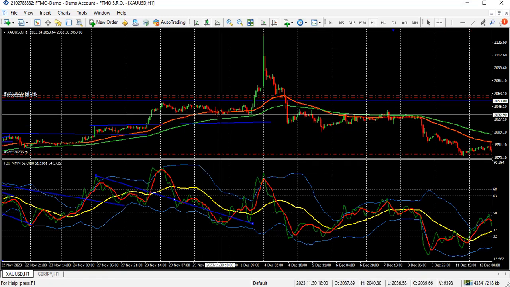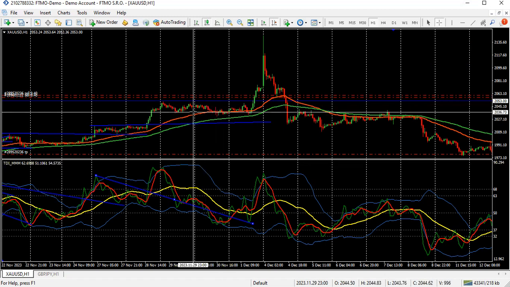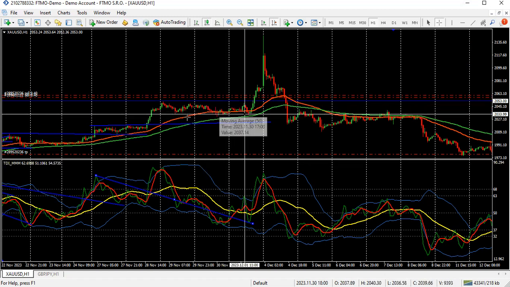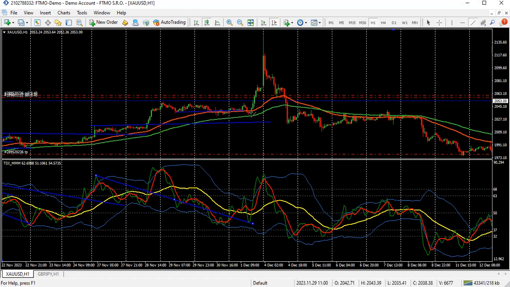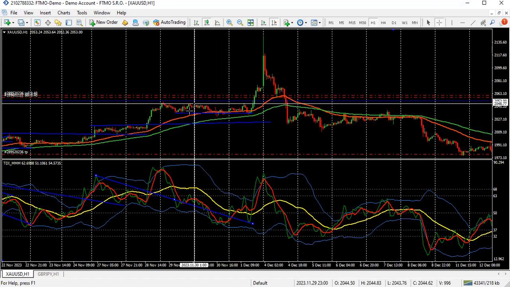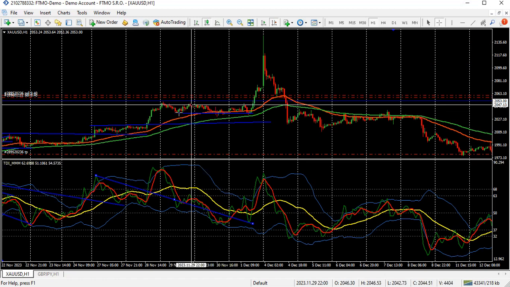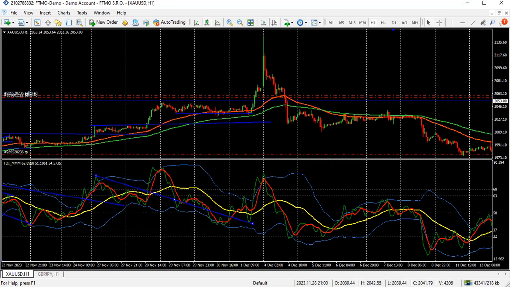It came here, gave us a low. Gave us this low. It kind of stayed right there. So if I just try to draw this line straight across, I could have really taken this trade and got out right there. Even though it's the end of the day, I could have taken this trade and got another 100 pips. So 270 divided by 200 is 1,350.